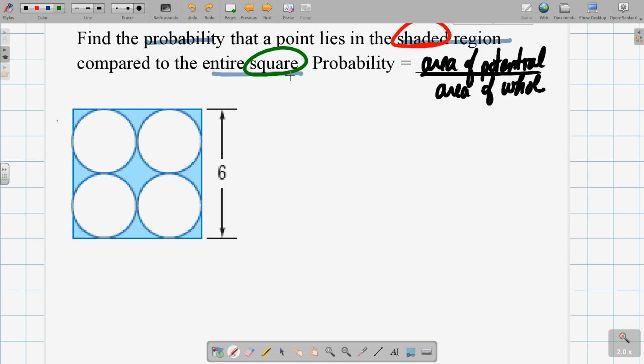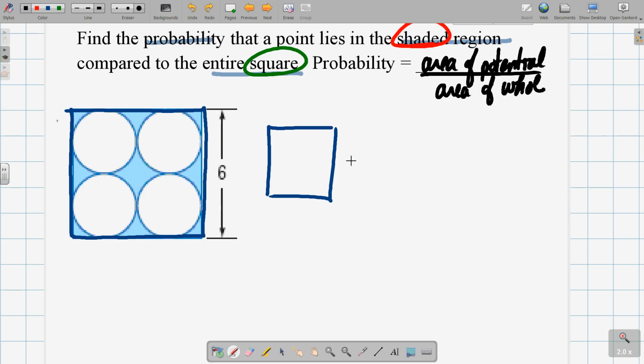So ready? Now we're going to do a thing equation. To get the shaded region, we have to find the area of this square minus the area of four, I'm just going to write 4 circles.